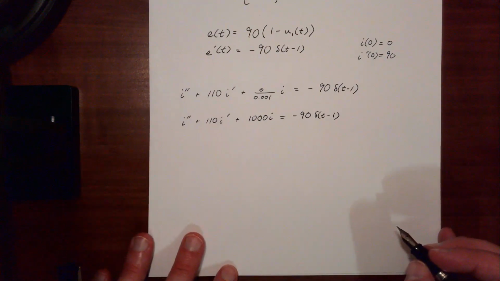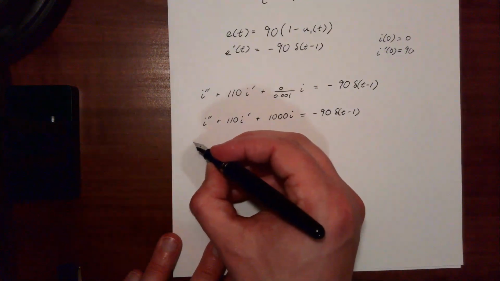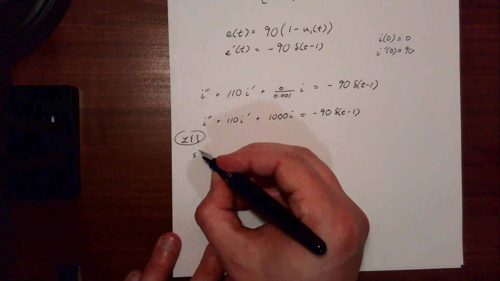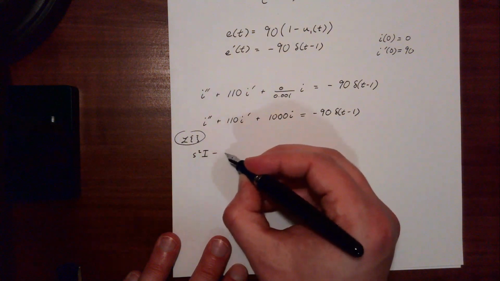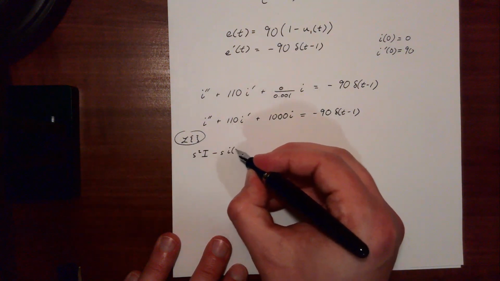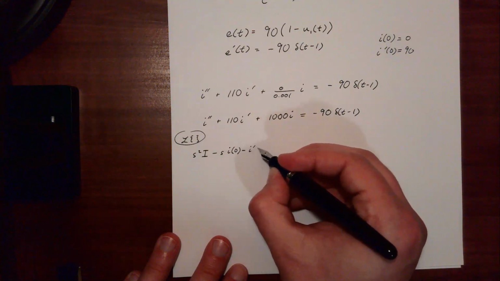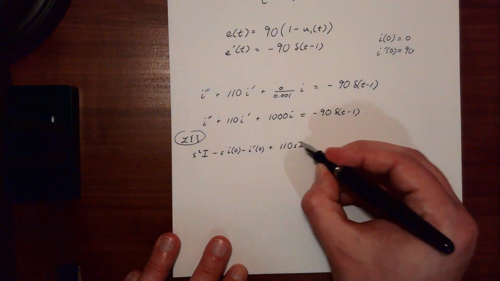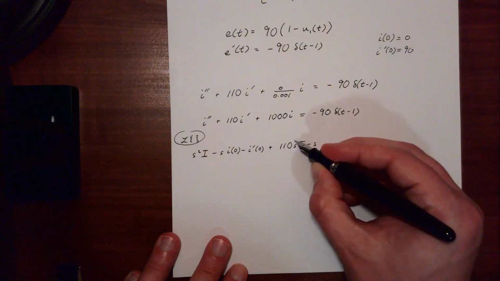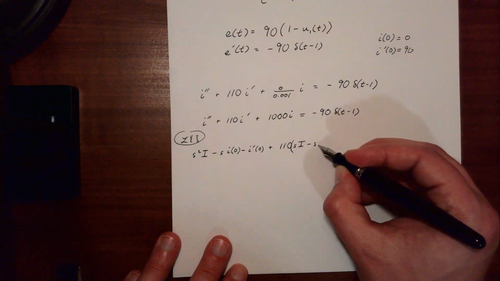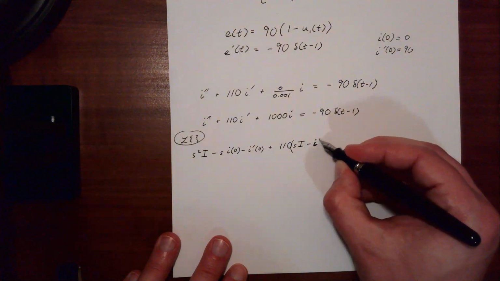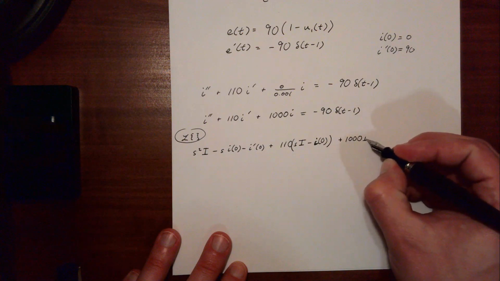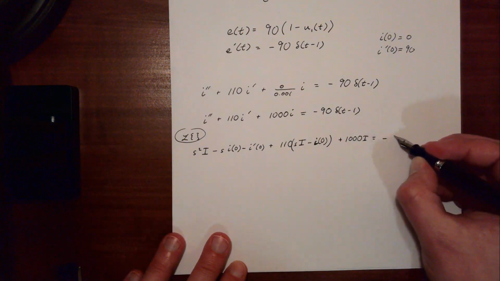Okay, so now, if we put this into the Laplace transform, that's going to be s squared times capital I minus s times I of 0 minus I prime of 0, plus 110 times s capital I minus I of 0, plus 1000 capital I, and it's equal to negative 90.